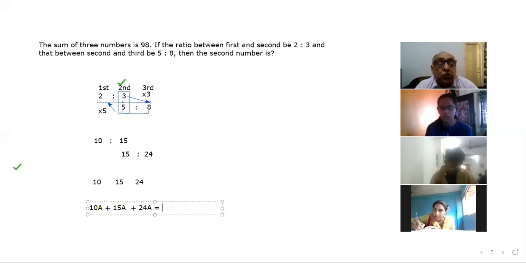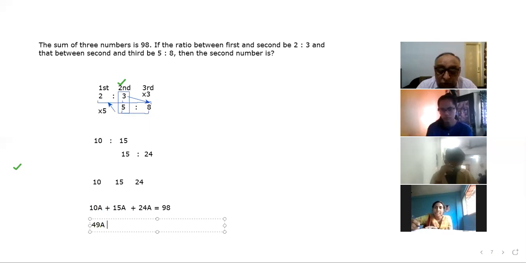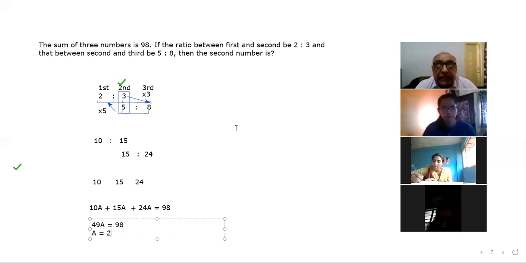So now the total of these 3 numbers is equal to 98. It's given. So now 49A is equal to 98, and A is equal to 2. And the middle number is 15A.